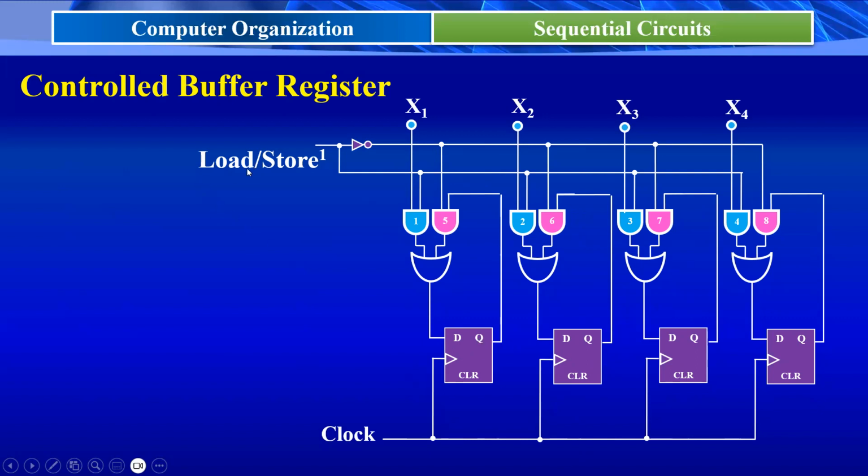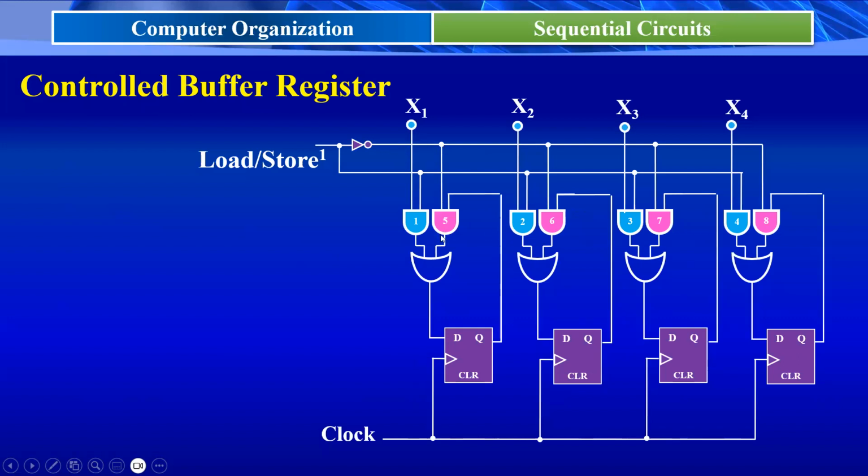Coming to friends, suppose this load/store-bar signal is equal to 1. That means one of the inputs of gate 1, gate 2, gate 3, gate 4, these AND gates, is equal to 1. At the same time, since this load/store-bar signal is equal to 1, the output of the NOT gate is equal to 0.